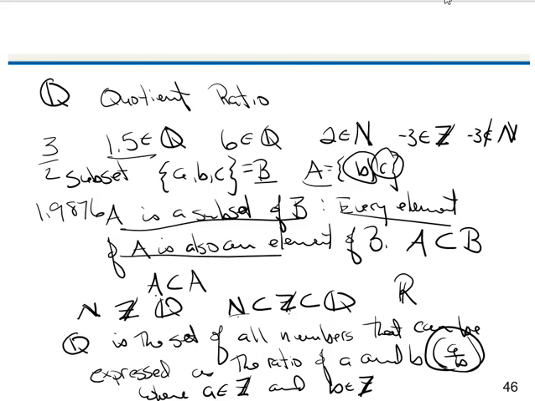So you get 19876 divided by 10,000, and these are equal. So this can be expressed as the ratio of this and this. Both of those are integers. So can we think of any numbers which are not rational?